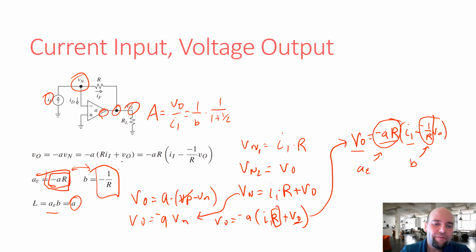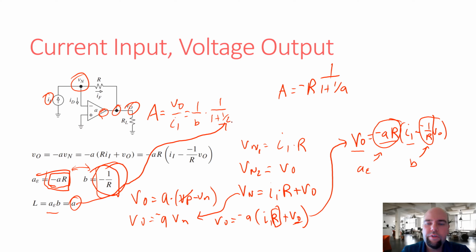All right. So what's 1 over B? 1 over B is going to be negative R. So A equals negative R times 1 over 1 plus 1 over A. Okay, so the gain is equal to negative R. Where have we seen that before?